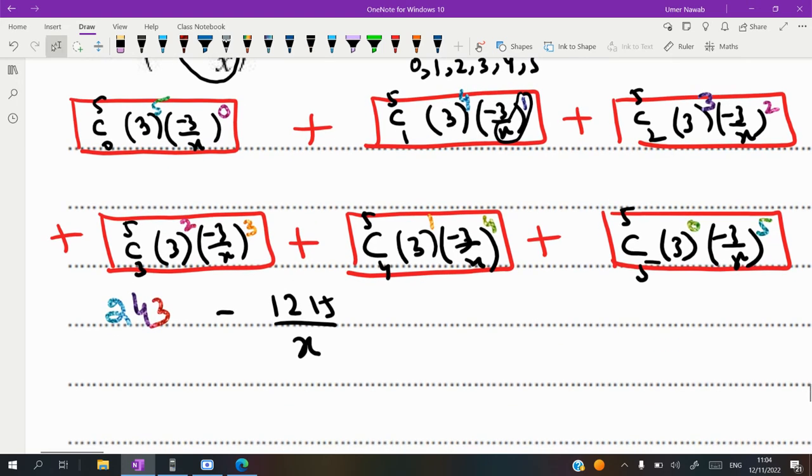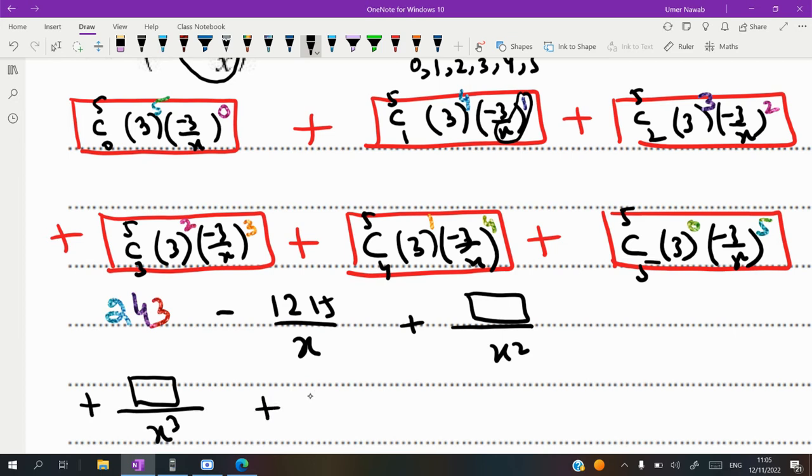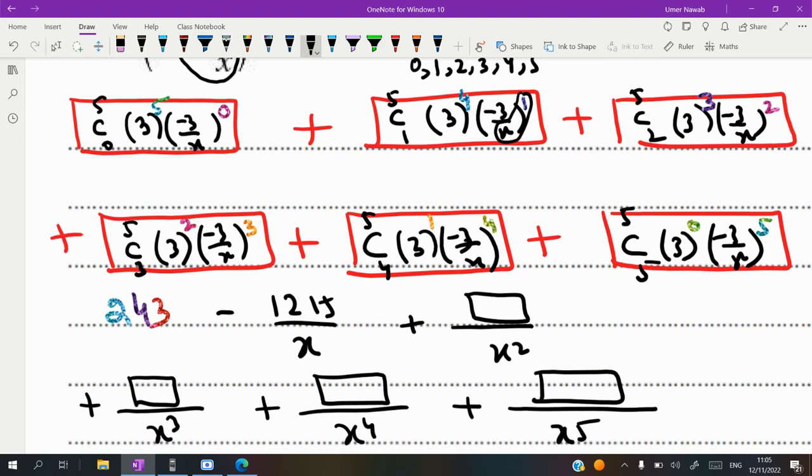Then you will simplify, you'll get something here over x squared. Then you will get something on the top over x to the power 3. Then something here by solving over x4, and then something with the calculator over x5. Done?